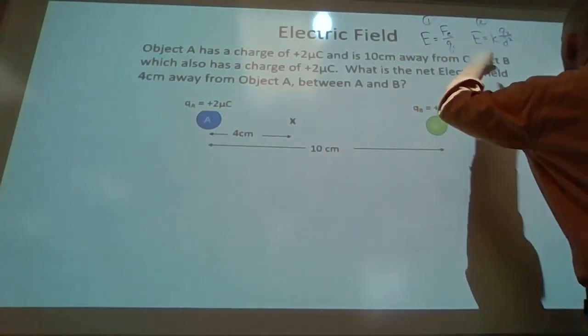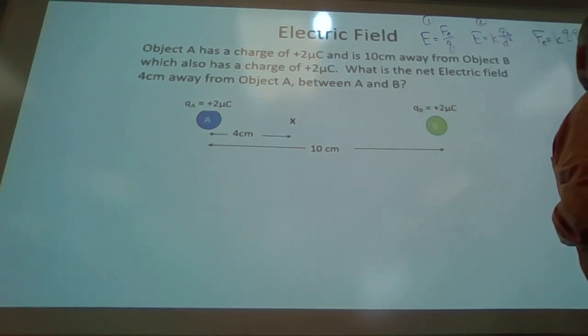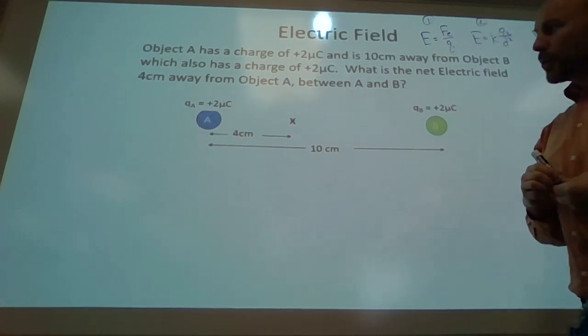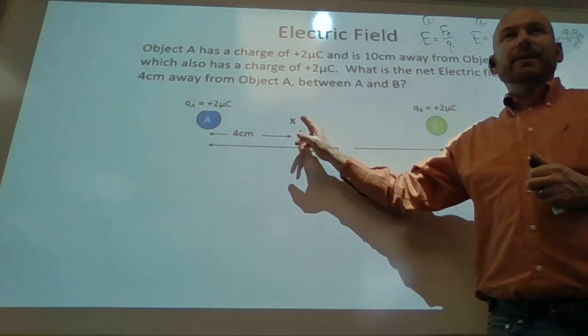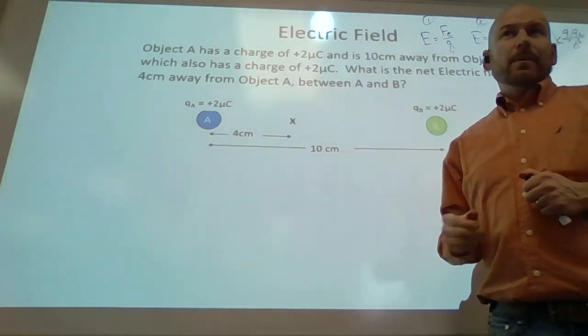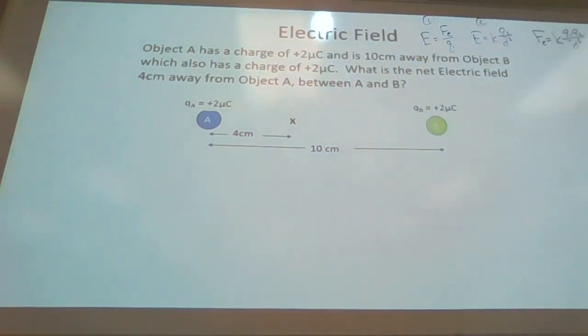You've got 2 electric field equations, and then you have Coulomb's law, which defines the force. I want to know the net electric field at this location in between these 2 charged objects. Okay?